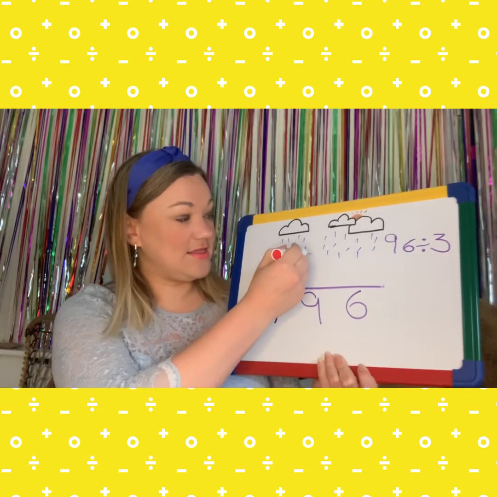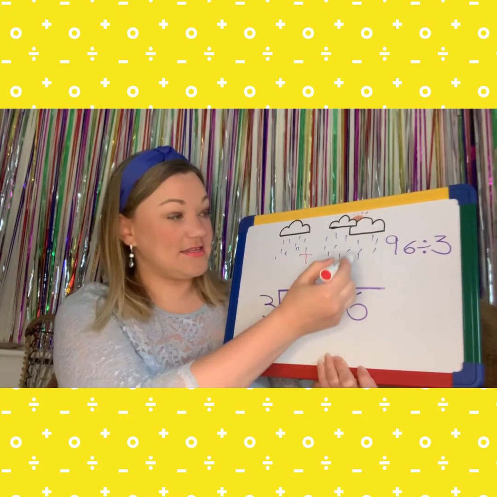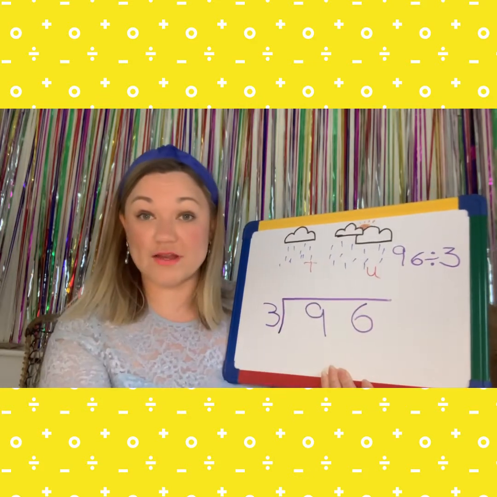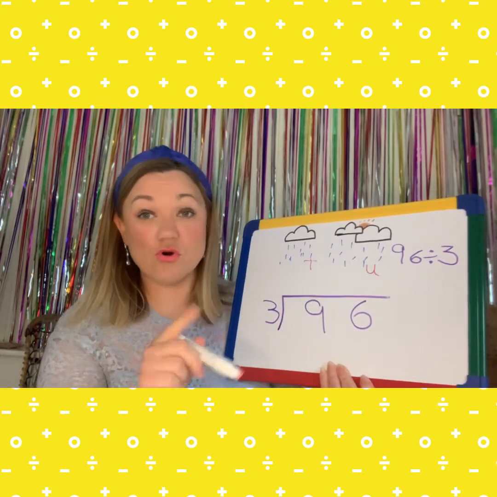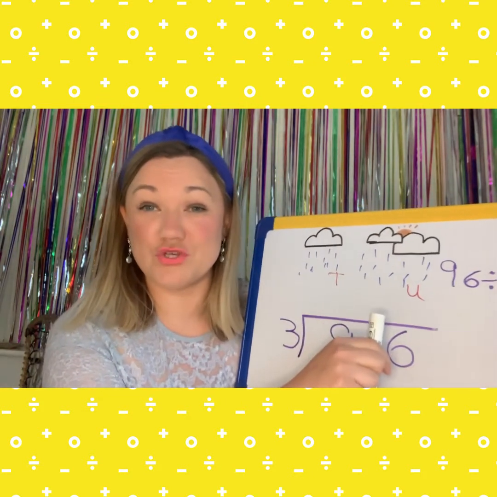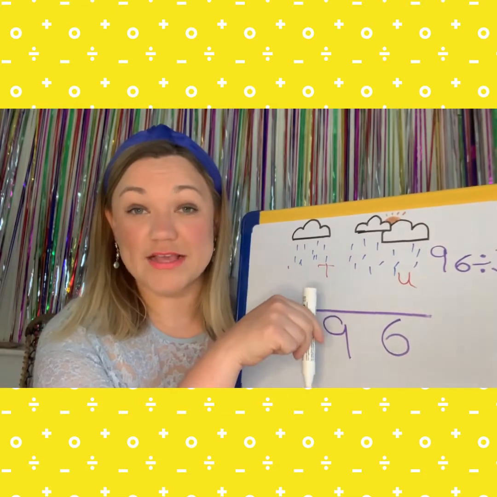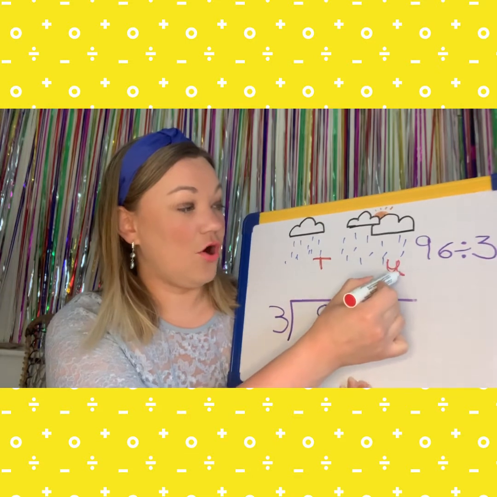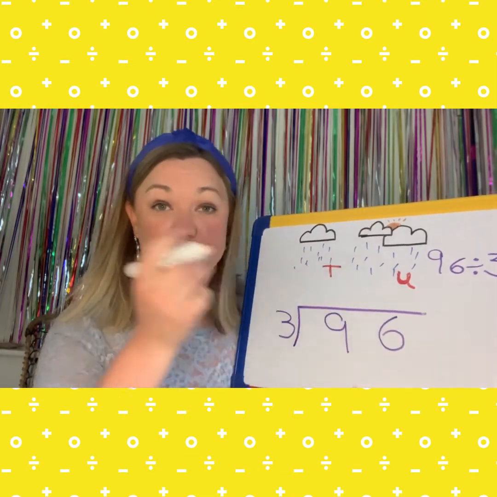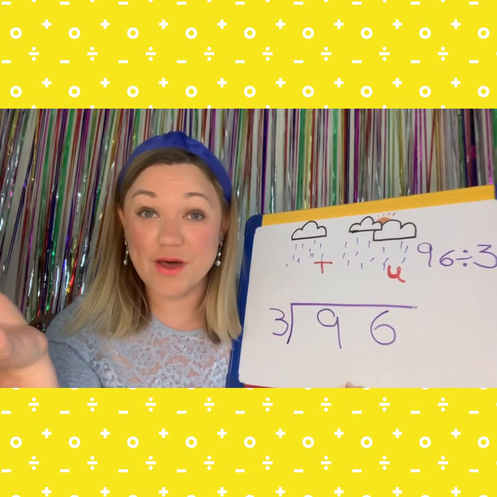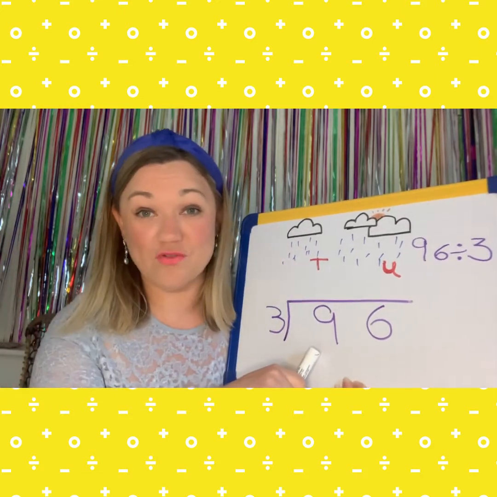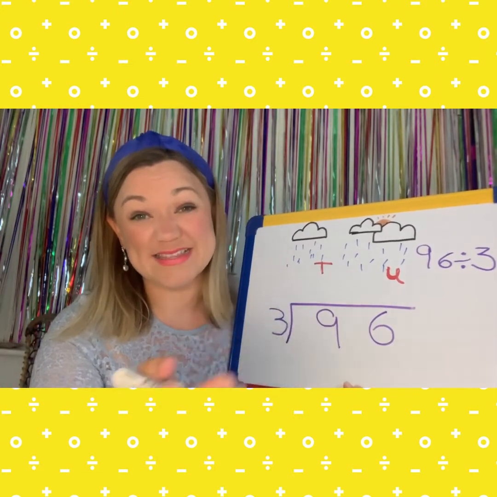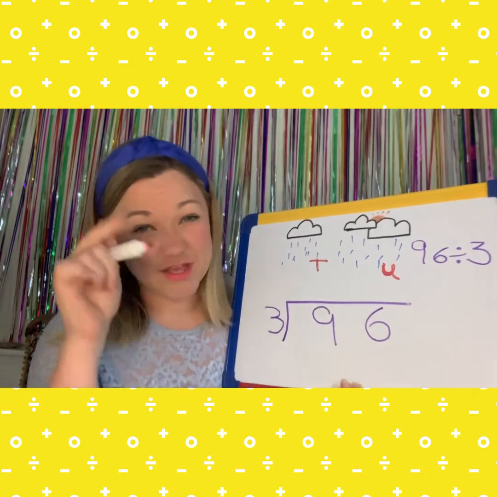This 9 is in the tens. And this 6 is in the units, or some children call it ones. And it's important we remember that, children. I'll just zoom in so you can see it a little clearer. It's important that you remember the tens and the units, or the ones, because it's all about showing your understanding of number. Okay, so we know we might call this a 9, but really it's a 90.